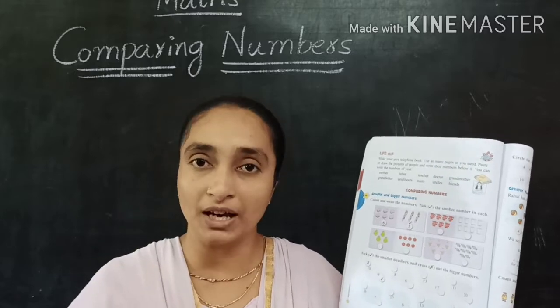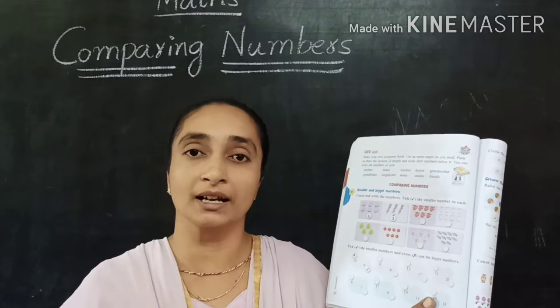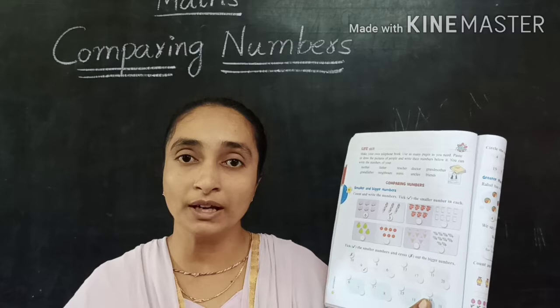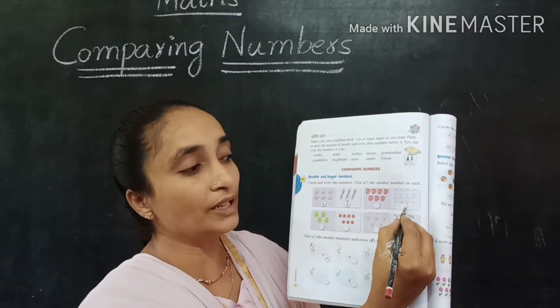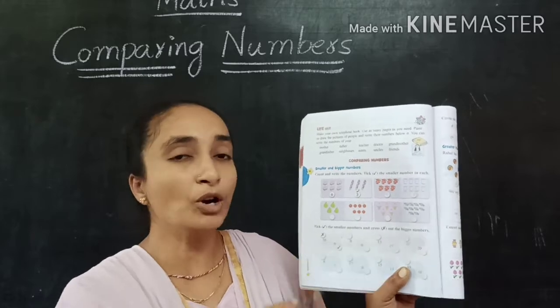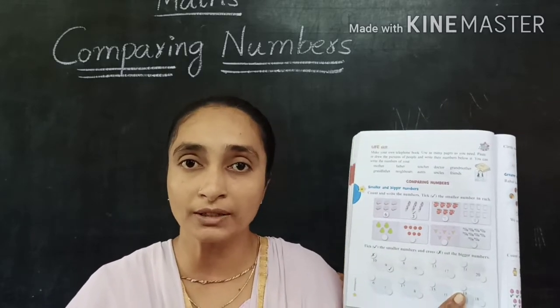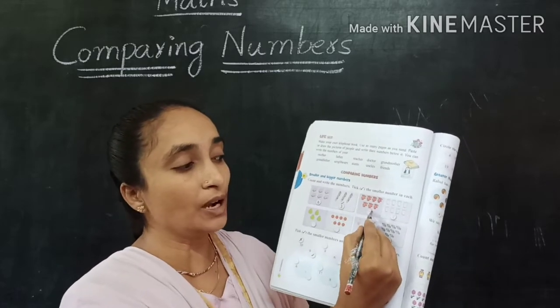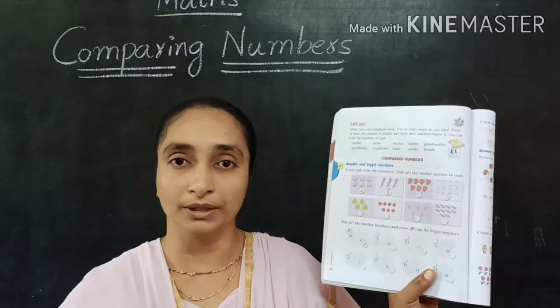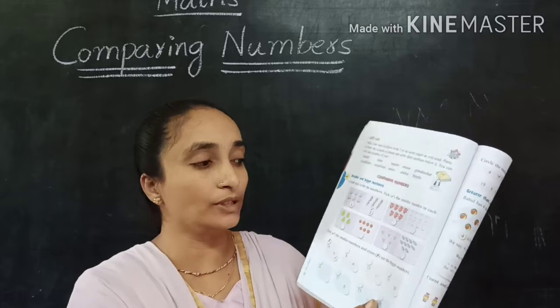Jugs only 7 are there. Glasses 8 are there. So which is the big one? So here we write 7 for the jugs and here we write 8 for the glasses. Among these two numbers, which is the small one? Yes, 7 is the small one. You can give the tick mark to the small number.